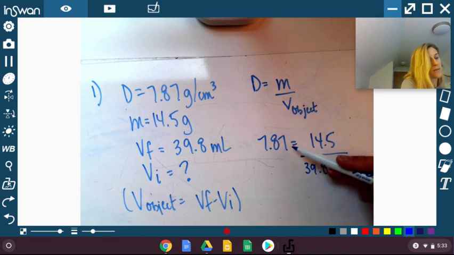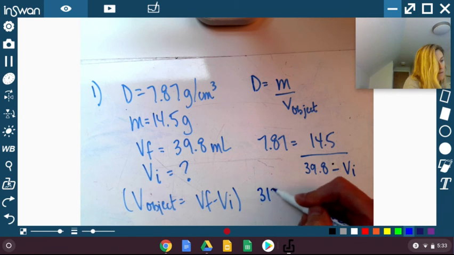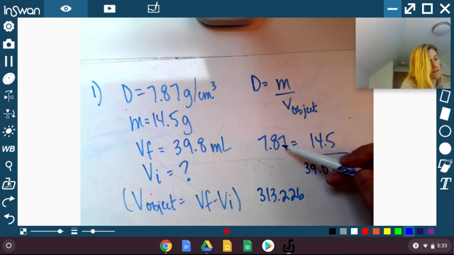So what I would do is cross multiply and then isolate that V sub I. So 7.87 times 39.8, you get 313.226. Okay, I'm cross multiplying because this is an equality.